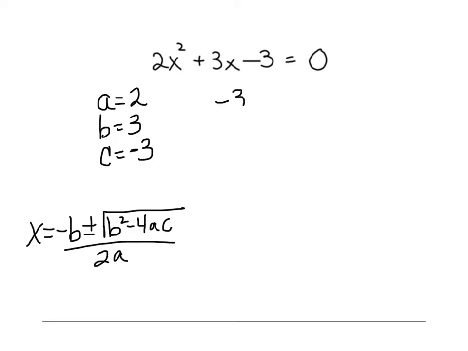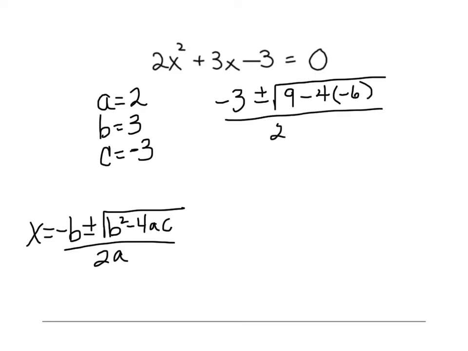Negative b plus or minus the square root of b squared is 9, minus 4 times a times c is negative 6, and this is all over 2 times 2, which is a. To save a little bit of time, I just work underneath here and then write it above.